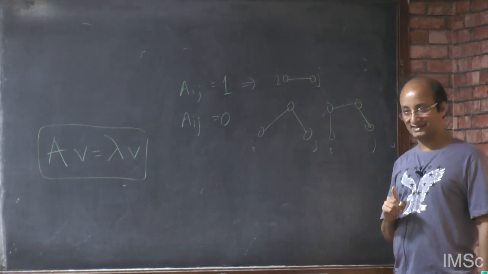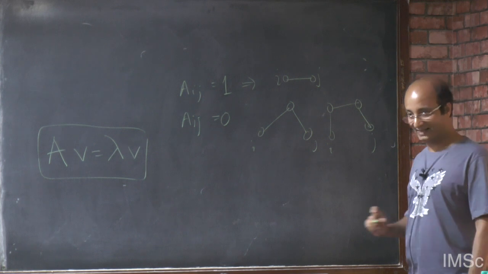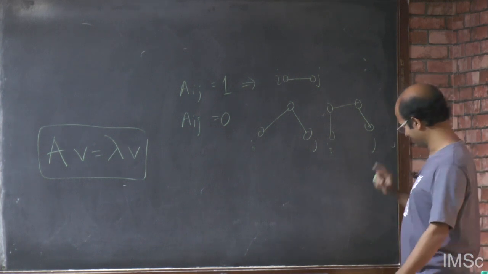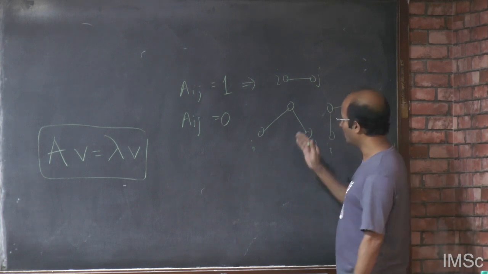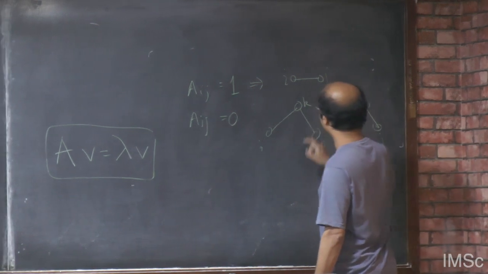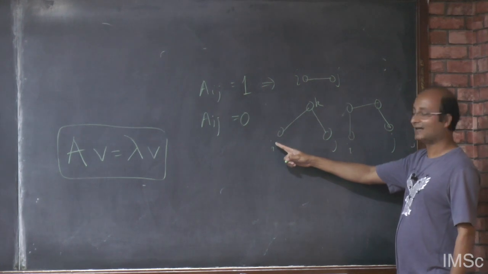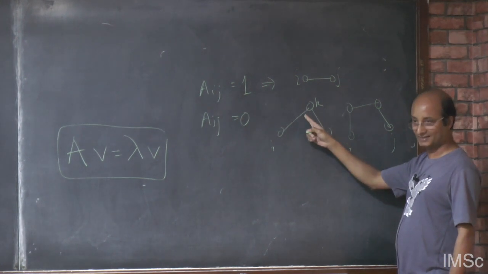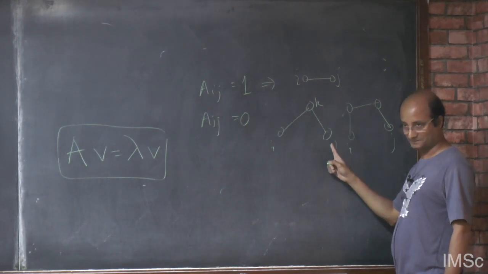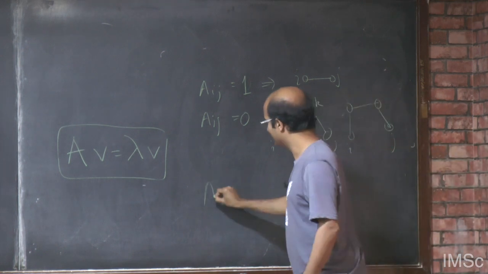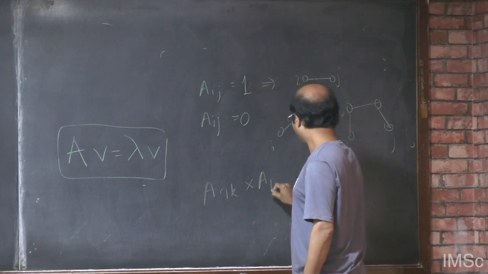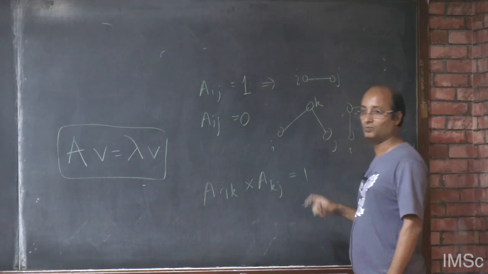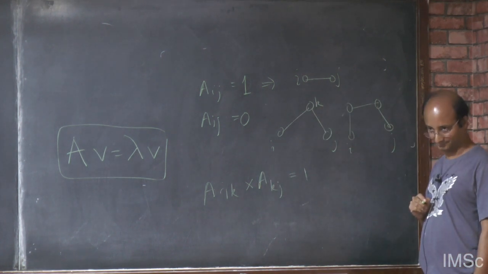Okay, but if I use the adjacency matrix in a slightly more devious way, I can actually answer this question, because I look at this and I say that, but wait a minute, what is this? This is just saying that a path exists from I to K and from K to J. Okay, so in other words, Aik times Akj is equal to 1, right?